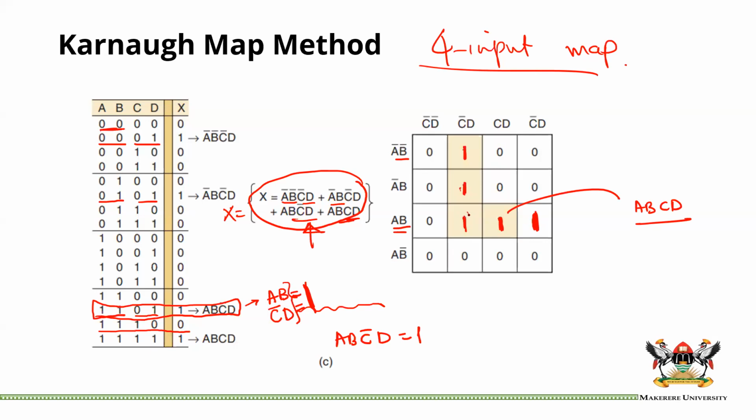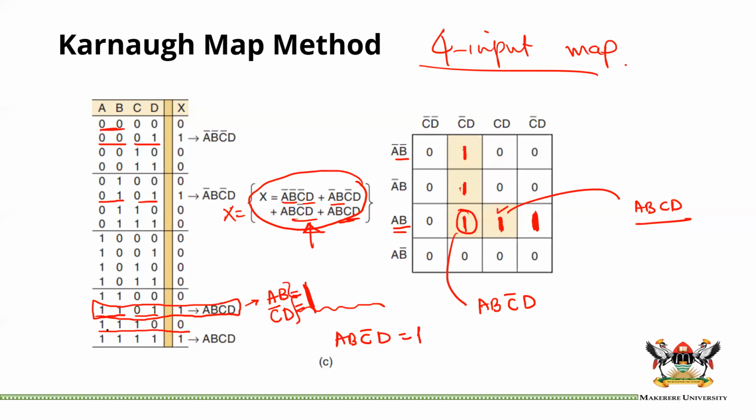Then let us look at this one. This is AB, C inverse D. Where is that? 1, 2, 3, 4. Okay, so we know that that is a 1.